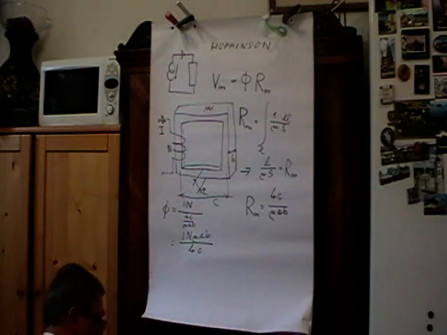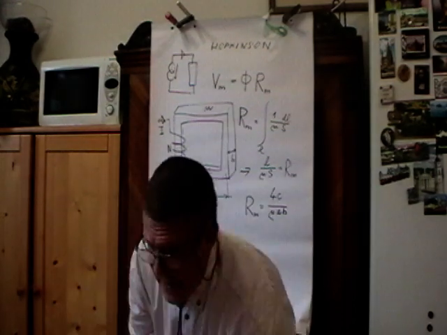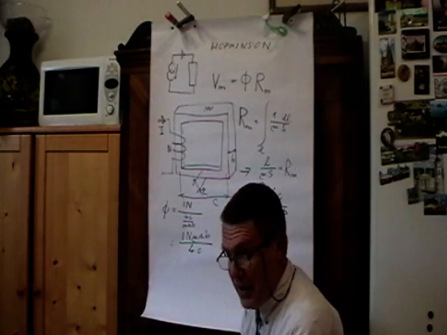So this is the value of magnetic flux in the core measured in Webers.